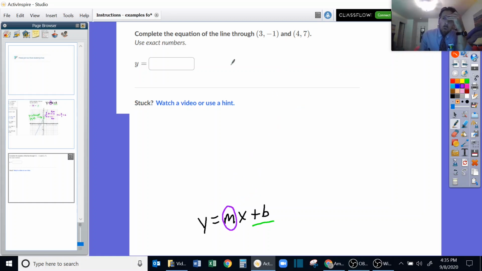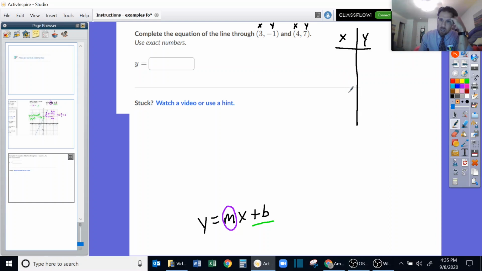So one of the things that I would do here is I would say, well, look, I don't like when you list out points here. I know that this is x and y, and this is x and y, and I know how to organize things like that. I'm going to make a table, and I'm going to say x's and y's, and I know that these 2 points must be somewhere in this table.